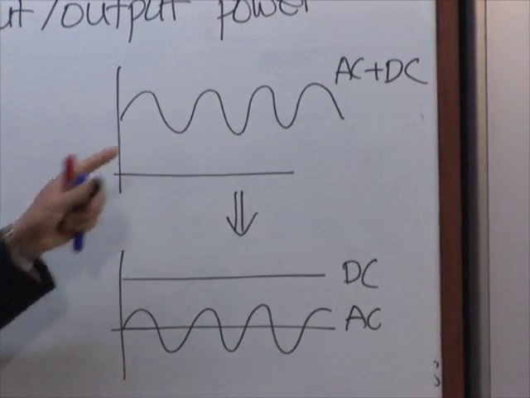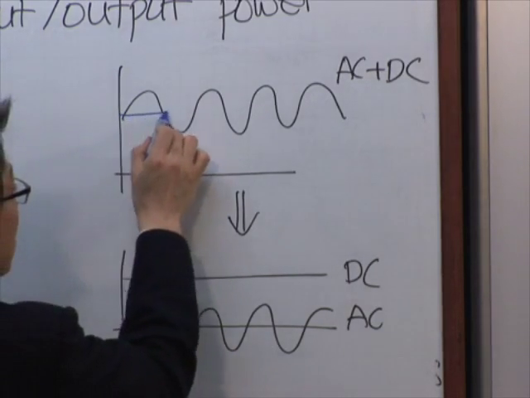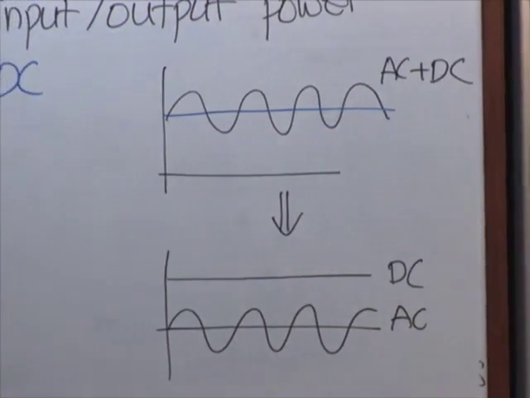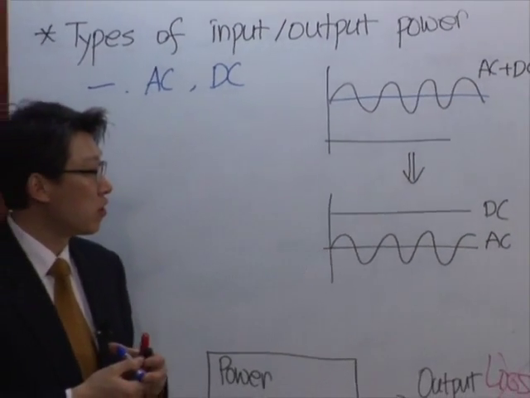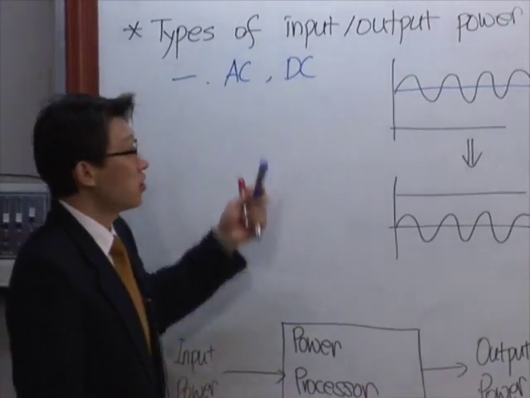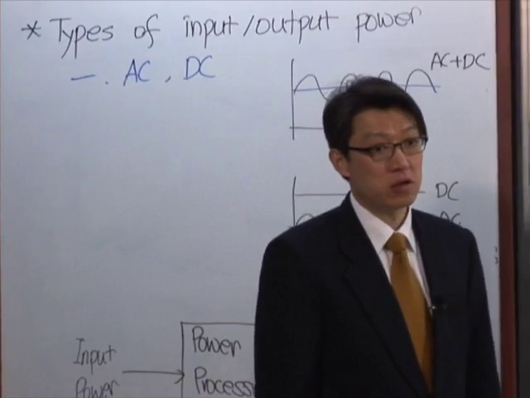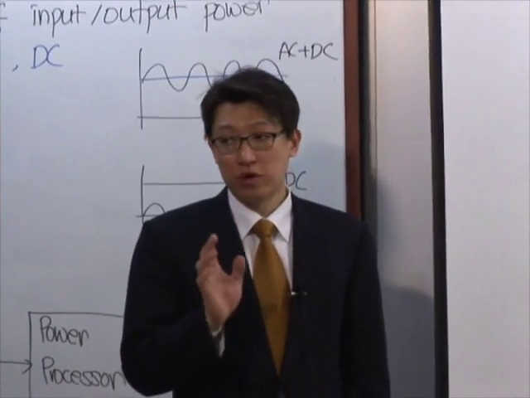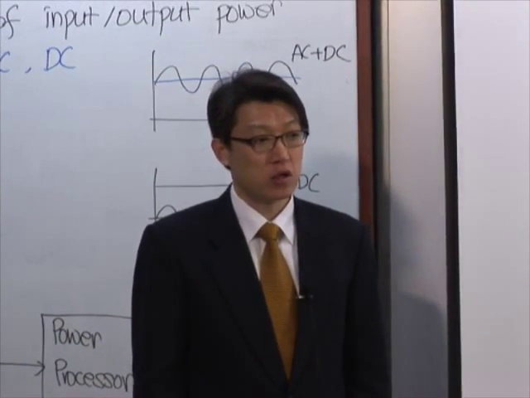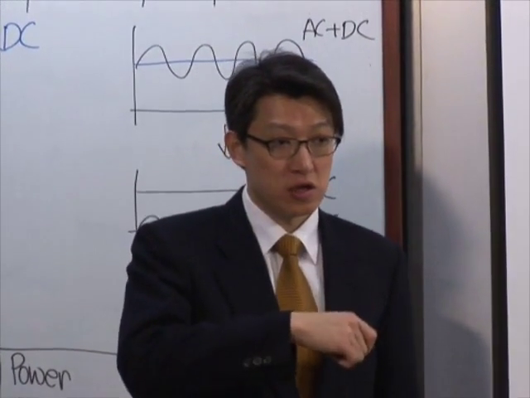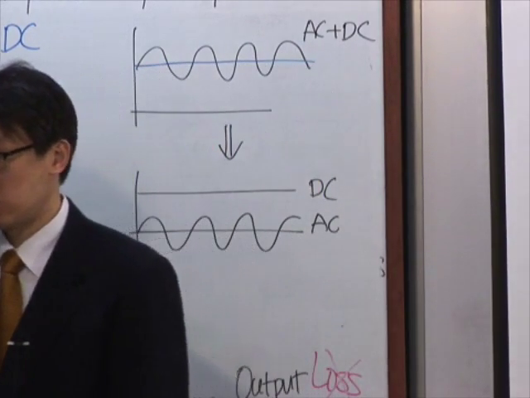We usually say this has an offset here and the ripples on top of this. So AC, DC can both be voltage and current. Please don't think that this only applies to voltage. Current can be either AC or DC, and voltage can be either AC or DC. Okay?